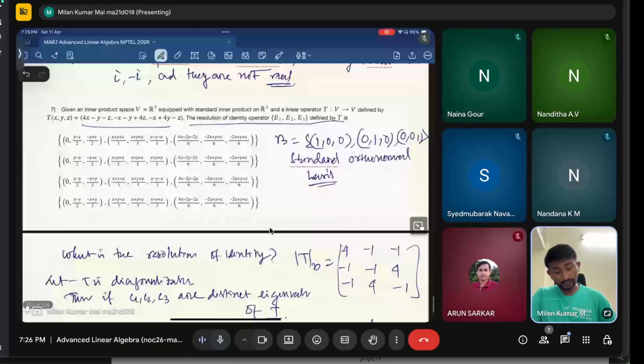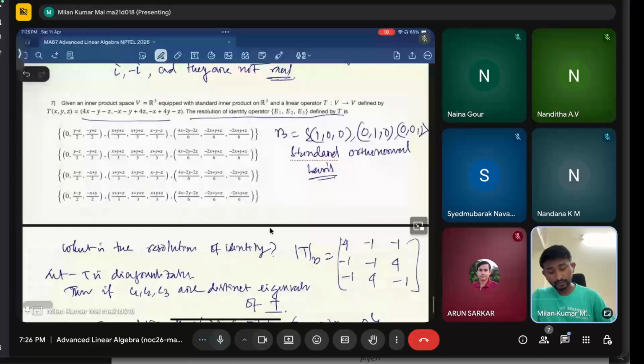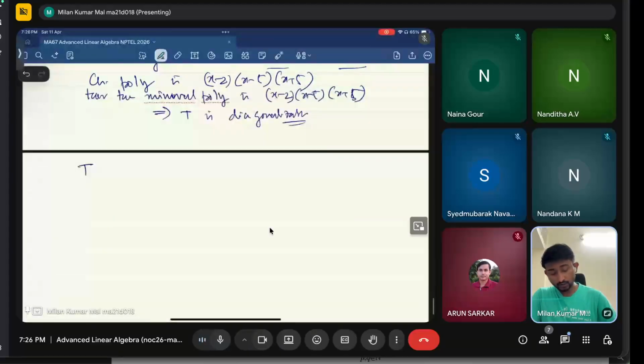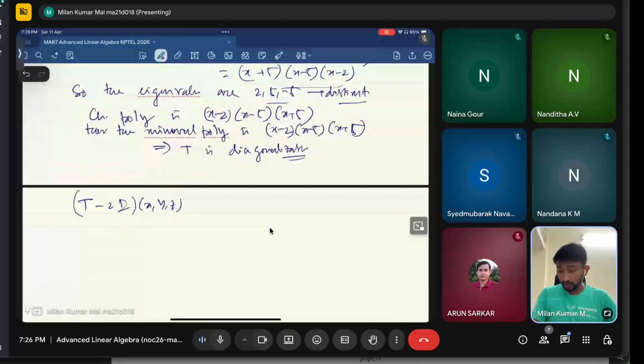So we have to find T minus, we have all the eigenvalues: 2, 5, minus 5. Take (T minus 2 times the identity) applied to (x, y, z).